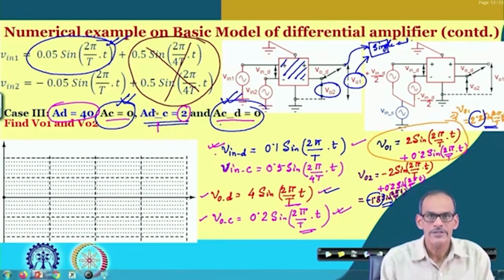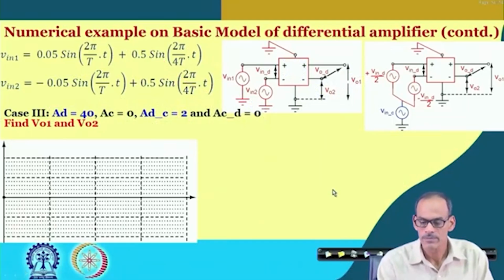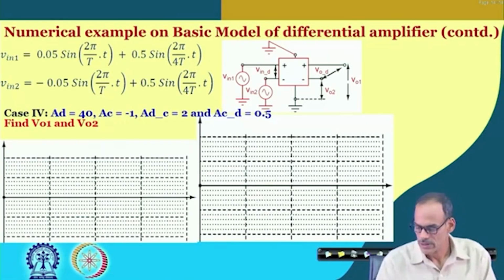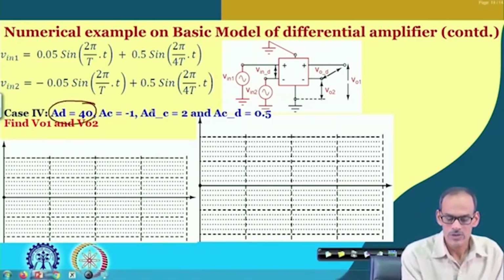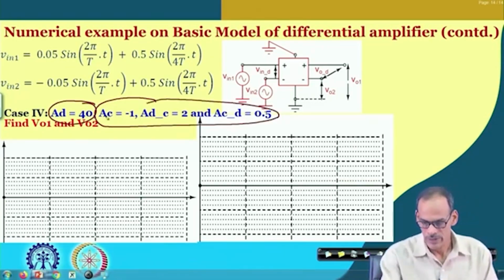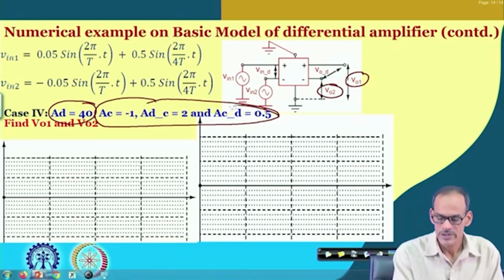Now, in practical cases, however, all of these parameters may be present. So, you can consider a situation where all of them are non-zero, and depending on their corresponding values, their influences will be there, and then you can find the individual output. And as I said, this is a very dangerous thing.